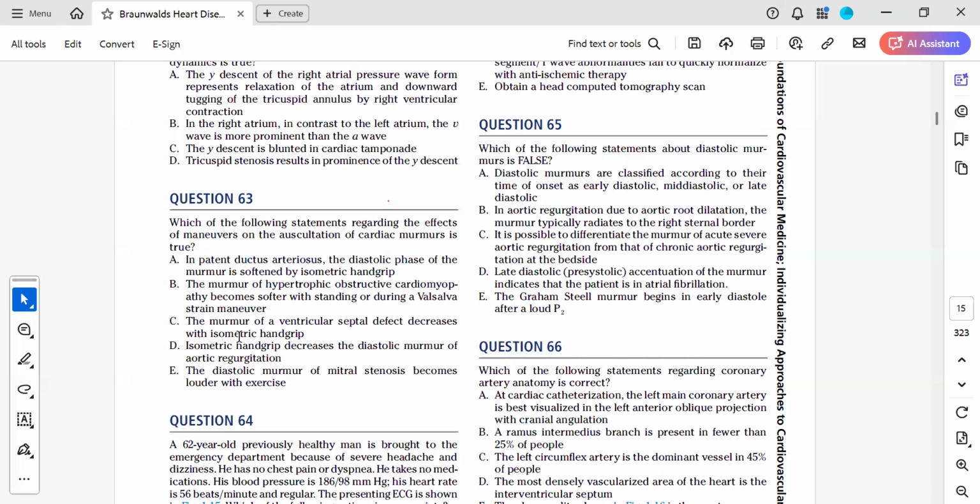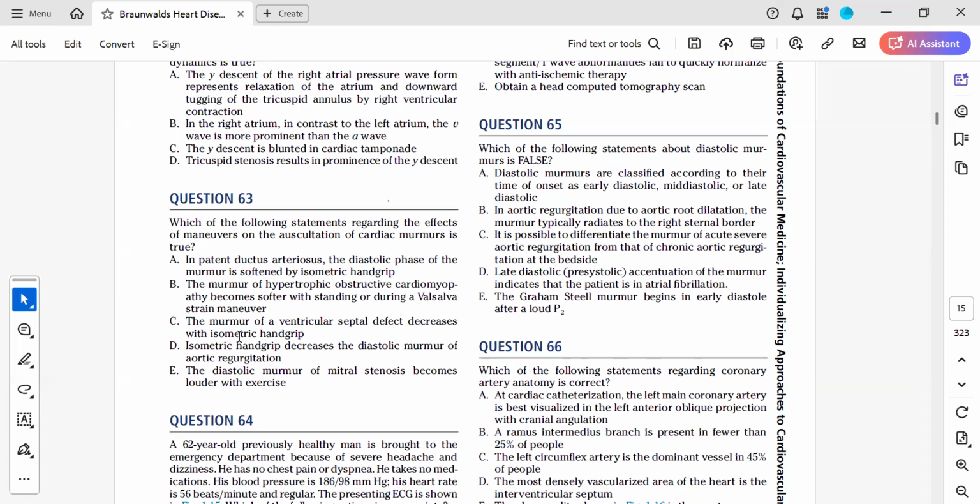Option D says isometric hand grip decreases the diastolic murmur of aortic regurgitation. The option D is false as well. So in aortic regurgitation, if there is increased afterload from the hand grip, this will favor more regurgitation.